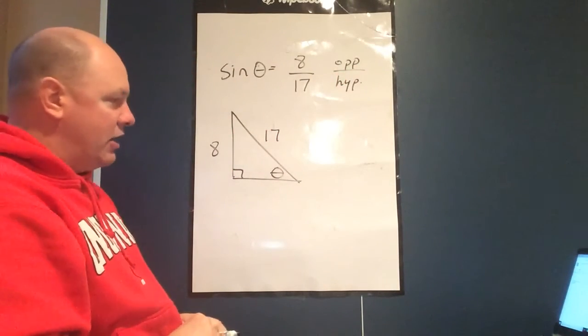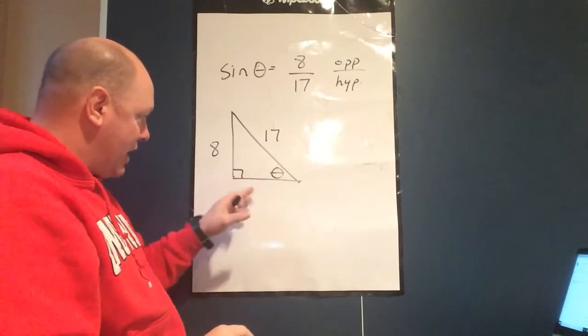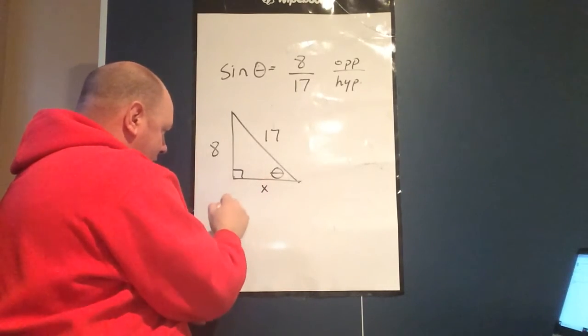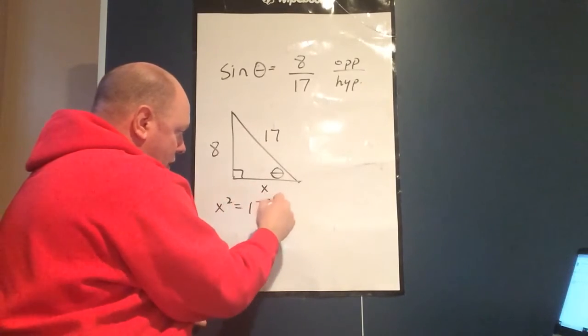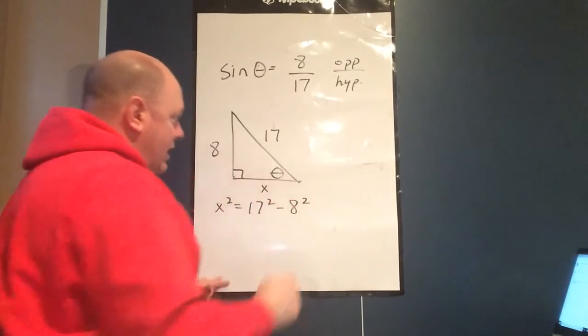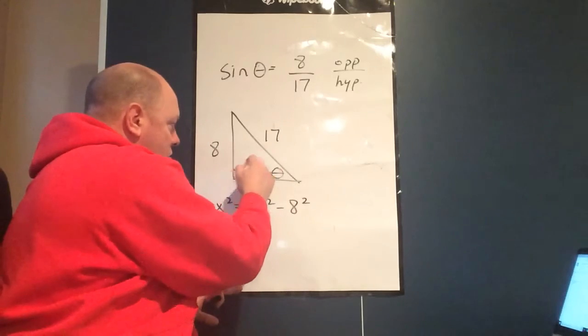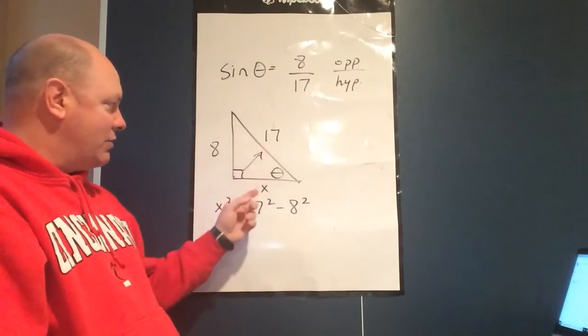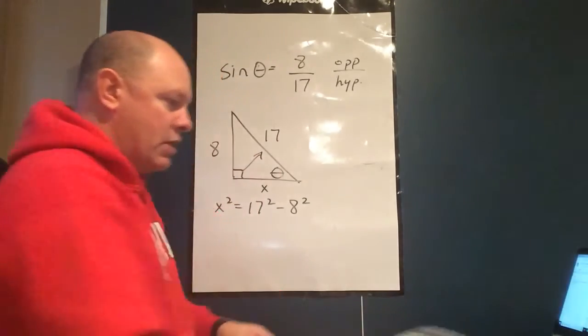What we need to do here is find that other side length right here. I'll make that x. x squared equals 17 squared minus 8 squared. Because I have the hypotenuse directly across from the right angle, I need to subtract, because I know that value is going to be smaller.